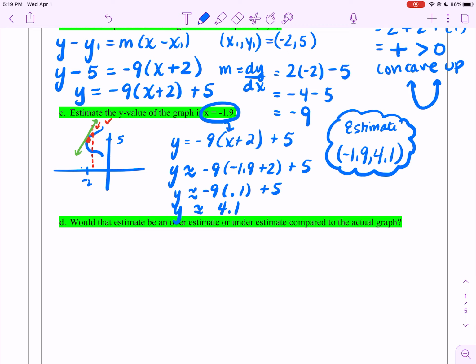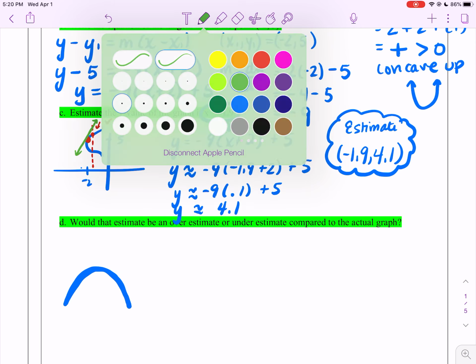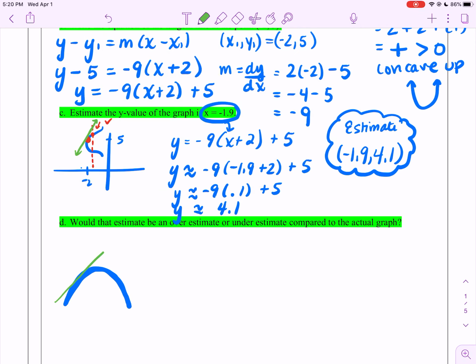Graphs are very helpful in helping us determine whether it's an overestimate or an underestimate. If you take a look at a graph that looks like this, notice that this graph is concave down. If your graph is concave down, if you take a look at your tangent line, notice that the tangent line will always lie above your curve.